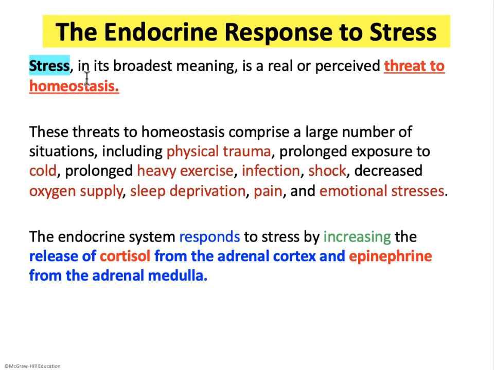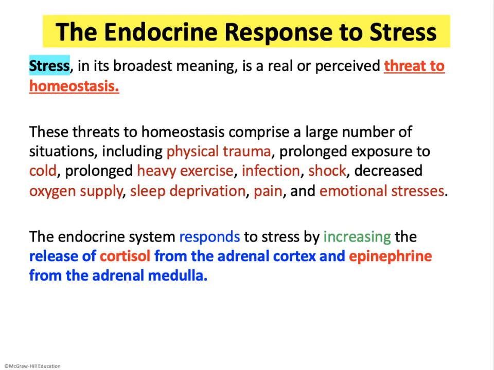So stress can come in many forms, including physical trauma or the result of exposure to cold. And you can see the list goes on to talk about heavy exercise, infection, decreased oxygen supply, sleep deprivation, and of course, the last one is curious because we still don't know much about it, but it seems that emotional stresses can also have the same outcome as physiological stresses.